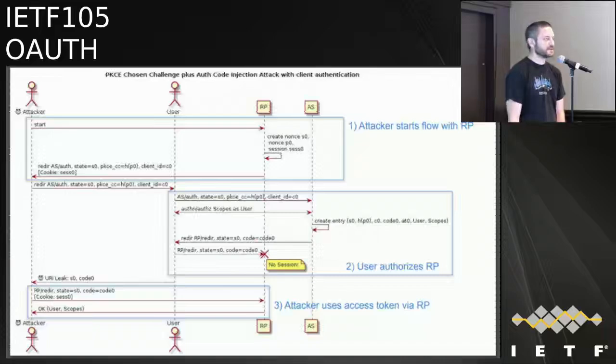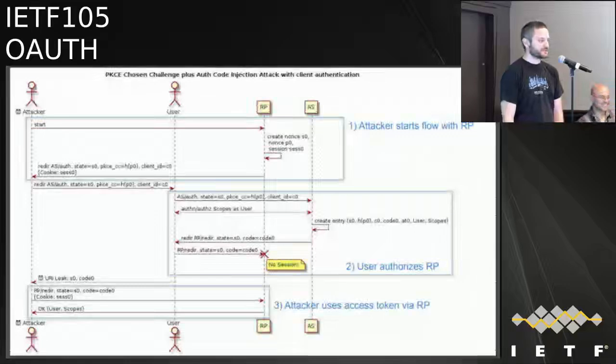So, anyway, we need to wrap this session up. What I will do is describe this attack in the OAuth security BCP, and also discuss some of the mitigations, which might or might not include this mitigation.